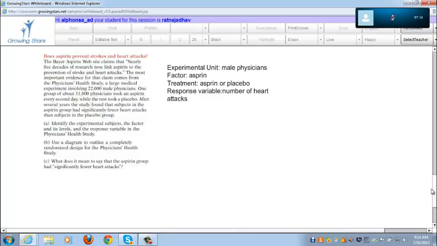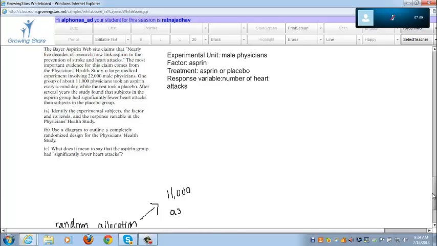I can say subjects or physicians. You can start by saying random allocation. I'll do it at the bottom. And then I can divide into two groups, 11,000 physicians each.